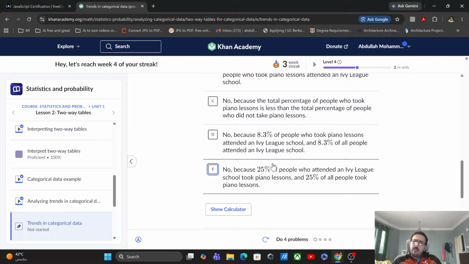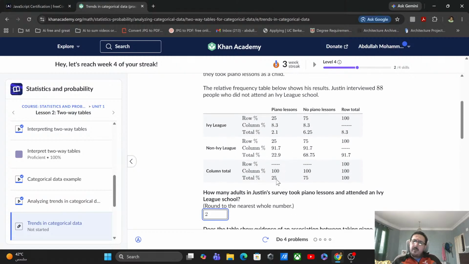What does that mean? 25. But it's not. Oh, 25%, that's actually correct. 25% of the people who attended Ivy School, which makes us look at our previous work to make sure that it's 2 out of the 8. Out of the 8, only 2.